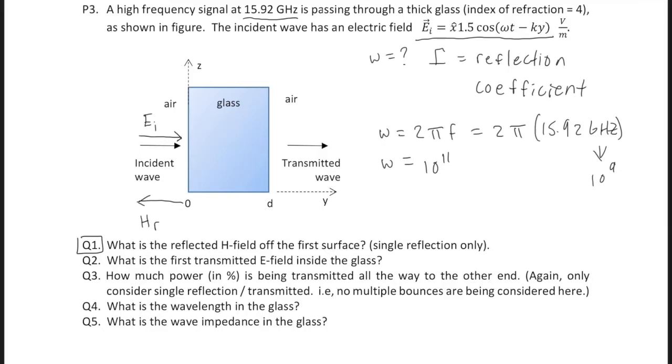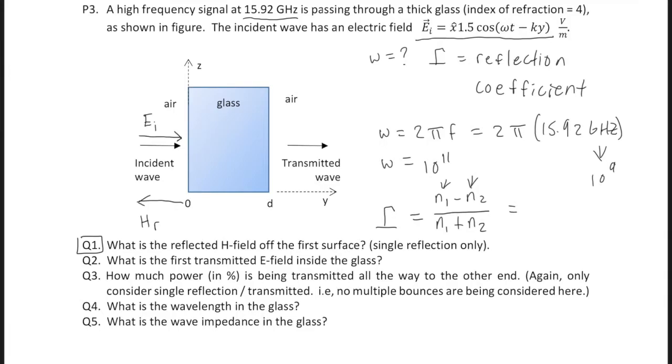And we want to find the reflection coefficient. Our reflection coefficient equation would be N1 minus N2, so the refraction coefficient of the first medium and the second medium, and then N1 plus N2.